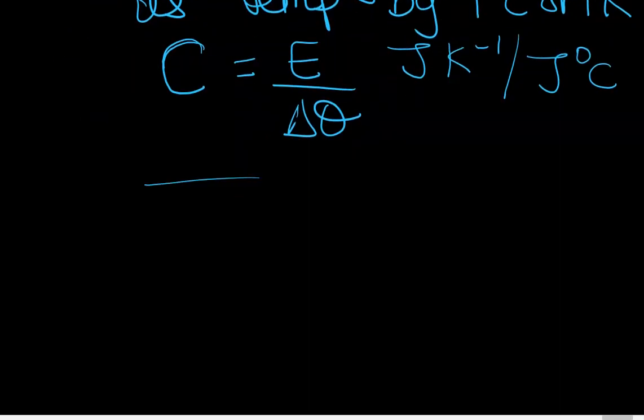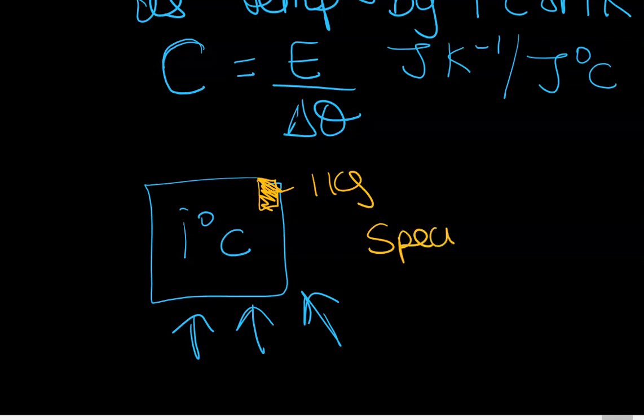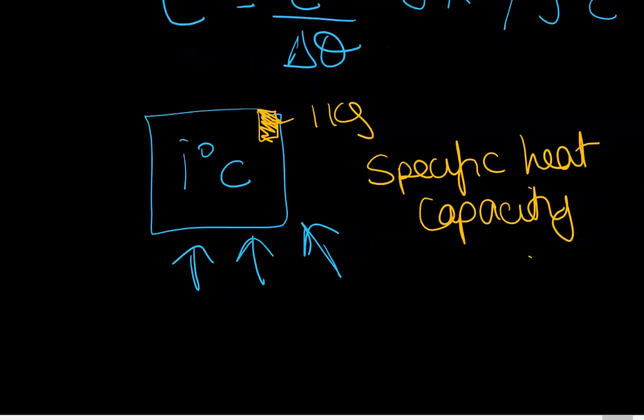Now if instead of considering this entire body, how much heat is supplied to this entire body to raise its temperature by 1 degree Celsius, I just wanted to find out a little portion of that body, or a unit mass of that body, then that leads me to something called specific heat capacity, and that is denoted by common c.